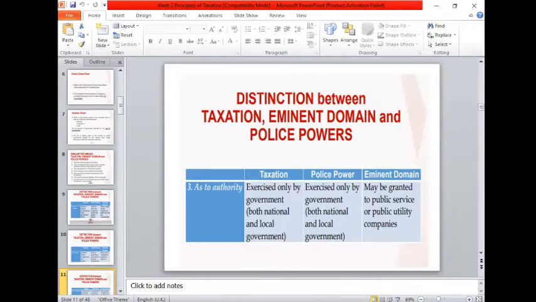What I'm trying to say is the government can be granted that power in such a case. That's why those public utility companies need to comply with the regulations or government policies in managing those things.